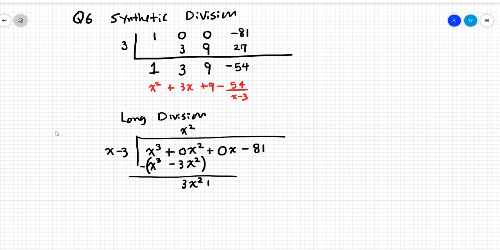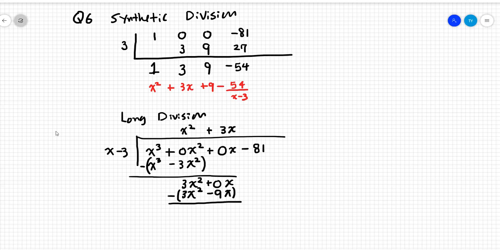And we're going to bring down the 0x over here. So x goes into 3x squared plus 3x times. So then we have 3x squared minus 9x. And subtract that from the top.